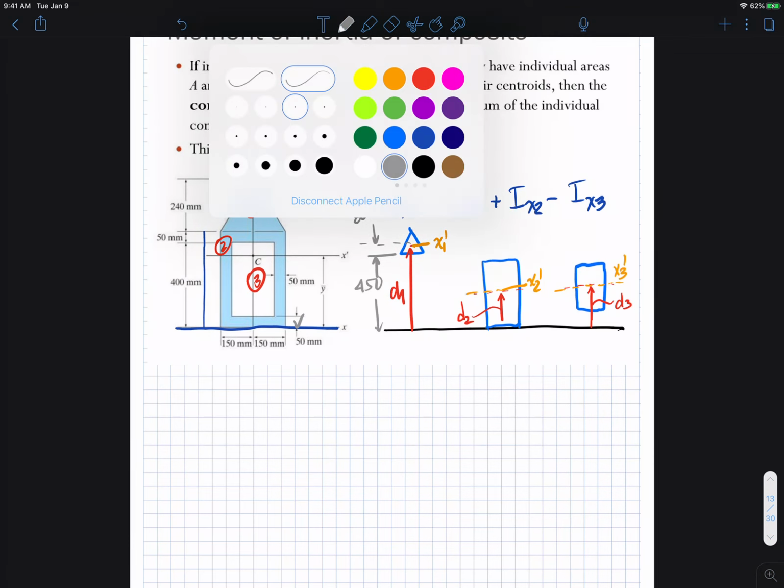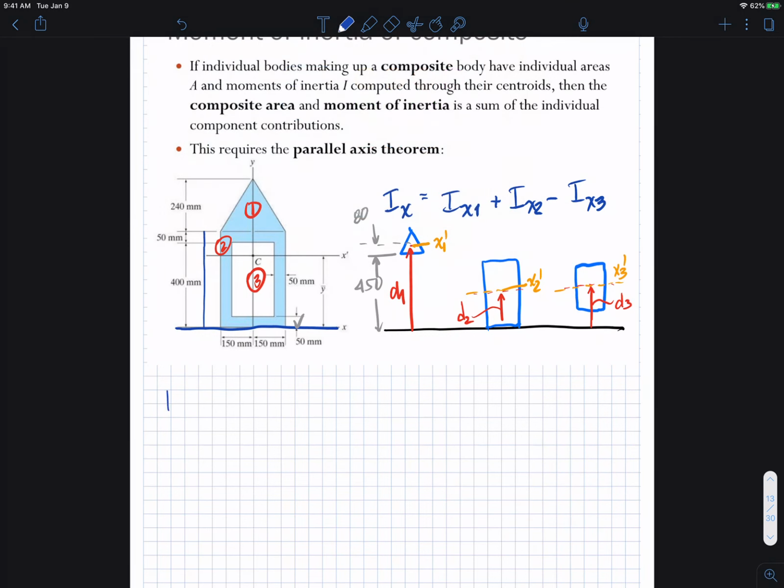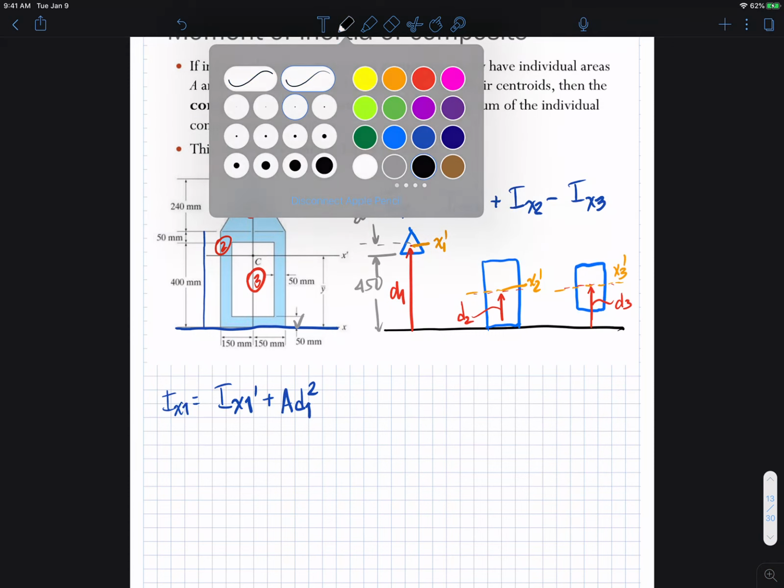So we could kind of make a table just like we did before, right? And so I'll just write the example for one, and then we'll keep going through the rest of them. So we have Ix1, for example, is equal to the moment of inertia with respect to the centroidal axis, and now accounting for the fact that we have to use the parallel axis theorem, which would be the d1 squared. So let's go ahead and just make our table.